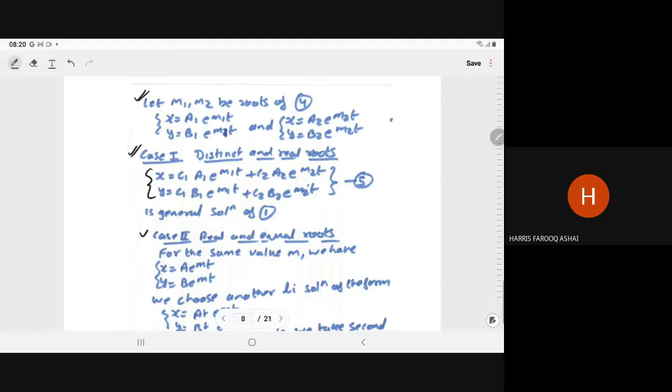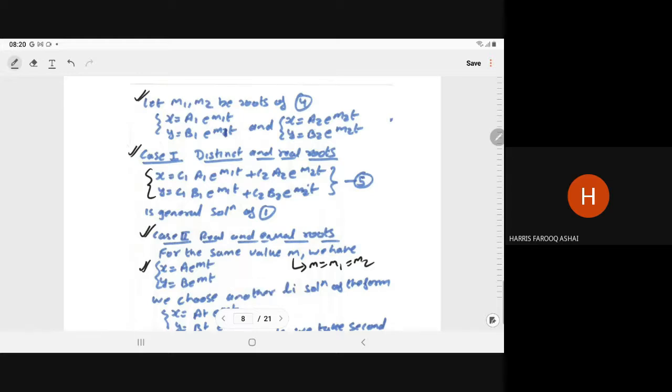Now case second. In the case second, when the roots are real and equal, here we can determine the one root easily. We can determine the one root corresponding to m. Here m is what? We have m1 is equal to m2.